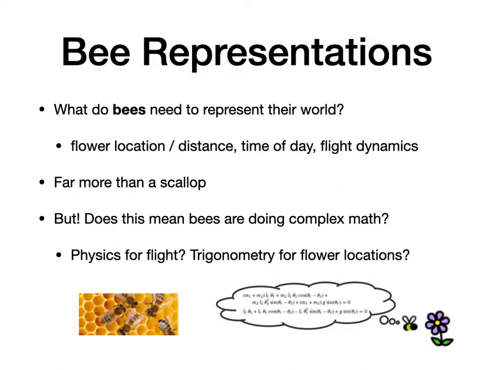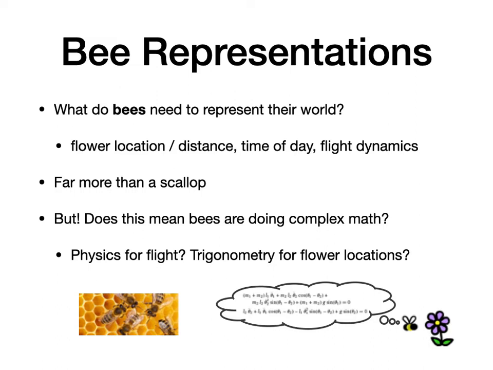They need to understand that light implies different things about the way flowers will be accessible. And flight dynamics, they've got to fly. And that's not to say that they aren't just internalized and habituated to it, but it's a complex thing to fly around in a world that's windy, right? They have a lot more things that they must respond to and hang on to internally than a scallop needs.